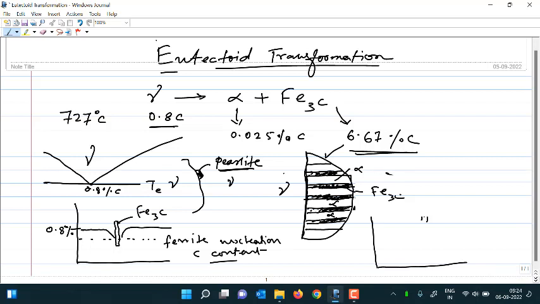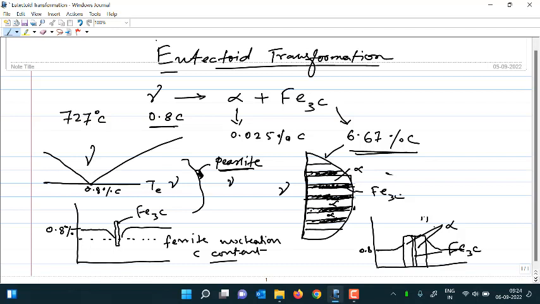So, when the ferrite lamellae grows in this manner, then as I said, near to it the carbon concentration would increase, right, because it will reject the excess amount of carbon that it does not need.